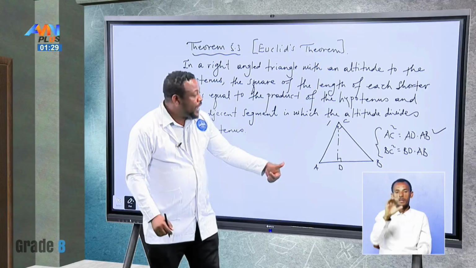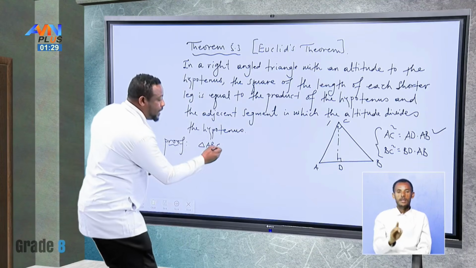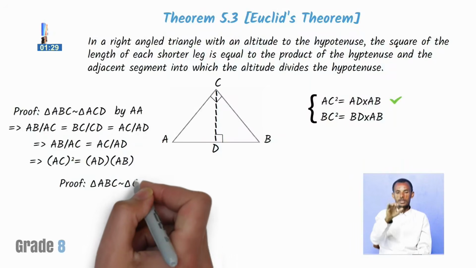If you take CBD, triangle ABC is definitely similar to triangle CBD.